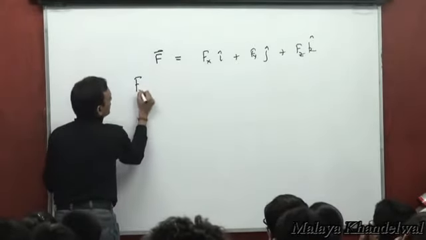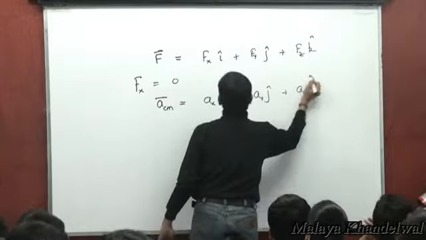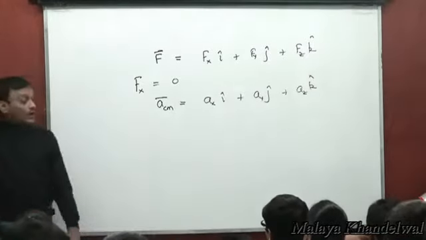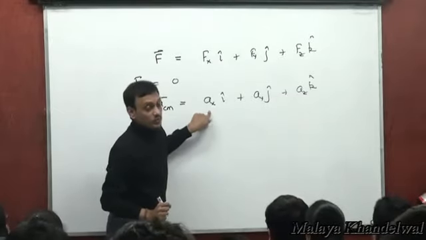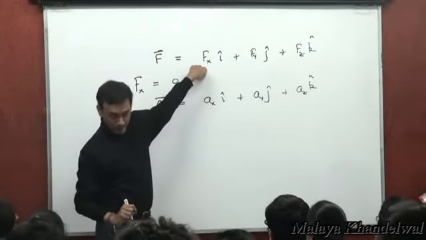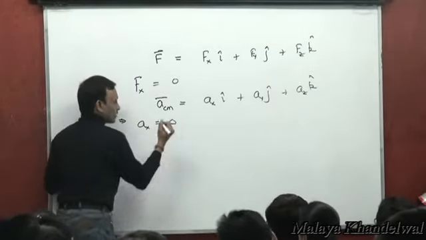And when Fx was 0, what it meant was that the x component of the acceleration of the center of mass was 0. If the acceleration of the center of mass was Ax i cap plus Ay j cap plus Az k cap, then Fx 0 really meant that Ax must have been 0 because Ax was produced by Fx, right? So this implied that Ax was 0.